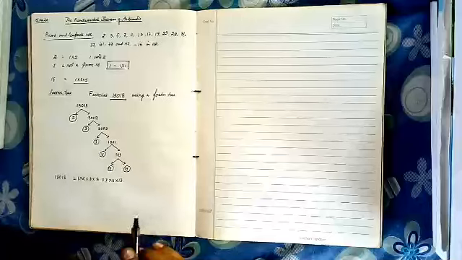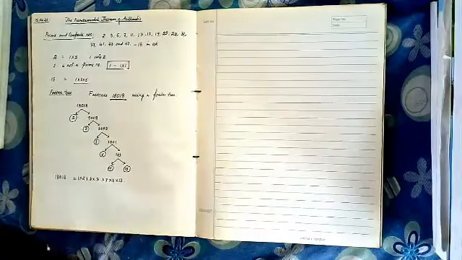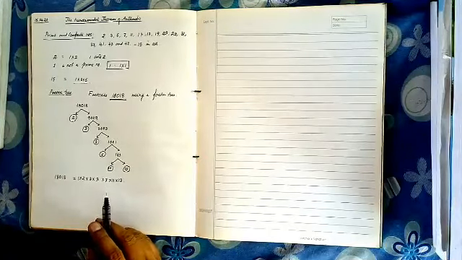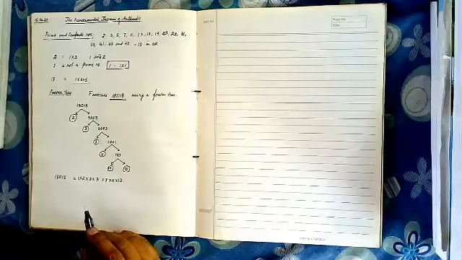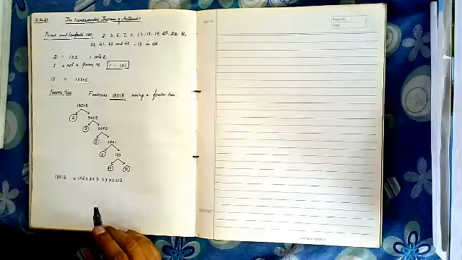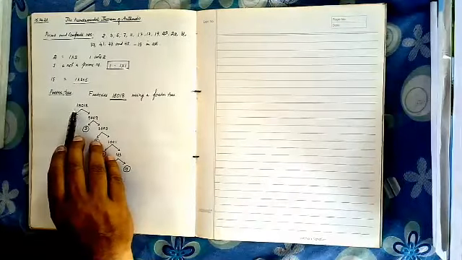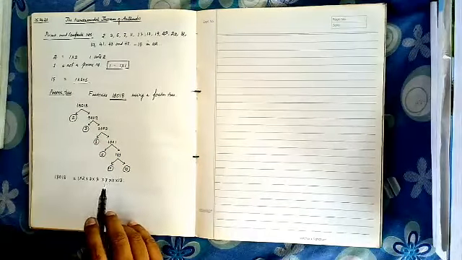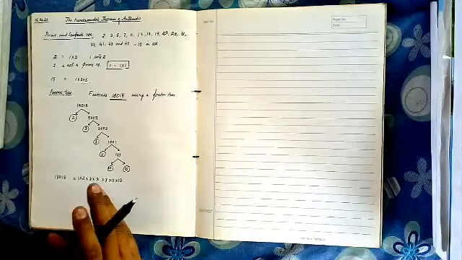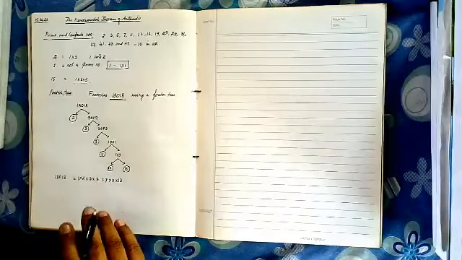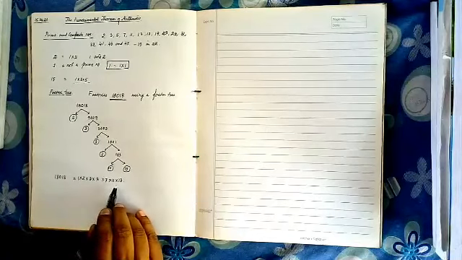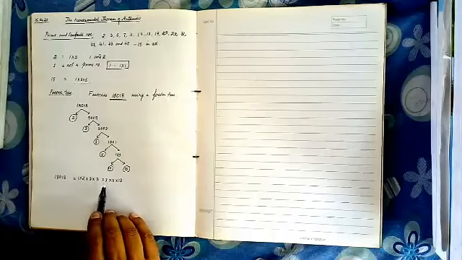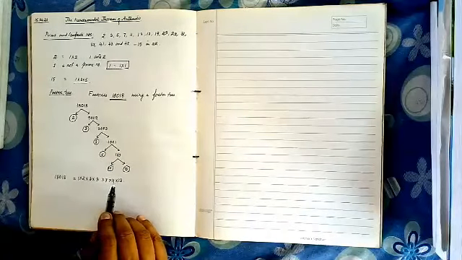Okay, now let us come to the discussion of the fundamental theorem of arithmetic. Now what is the fundamental theorem of arithmetic? You see, 18018 is a composite number. Using different methods, if you are finding the prime factors of this number, the same numbers 2, 3, 3, 7, 11 and 13 will come.